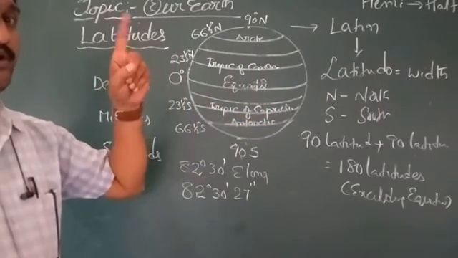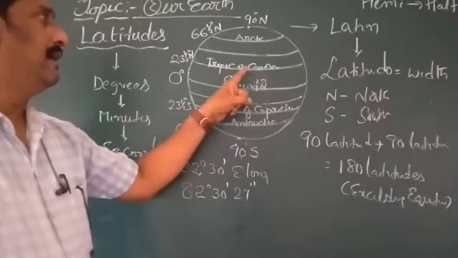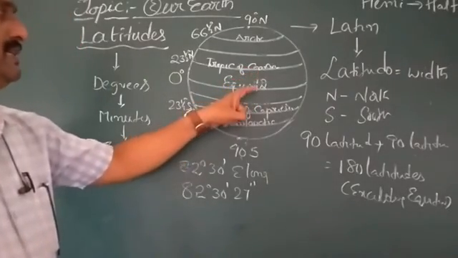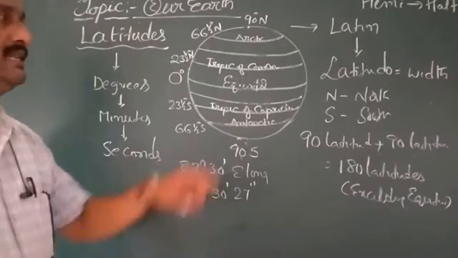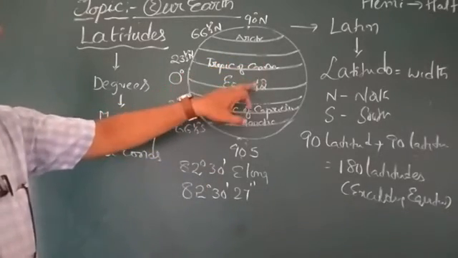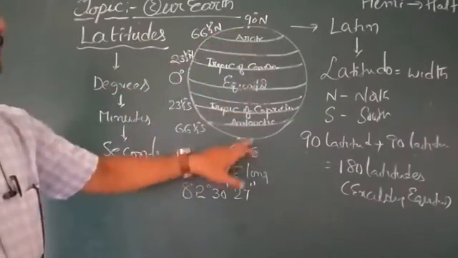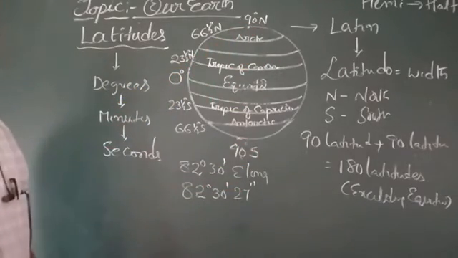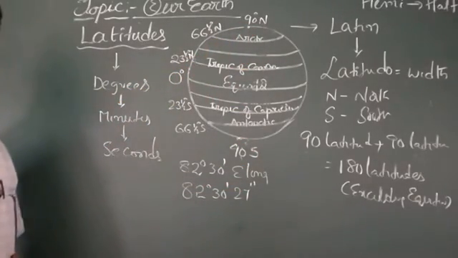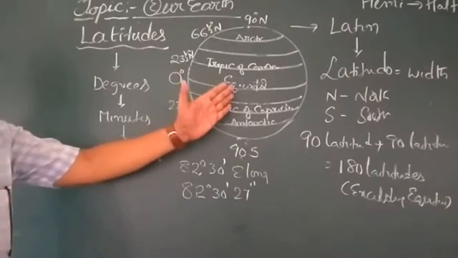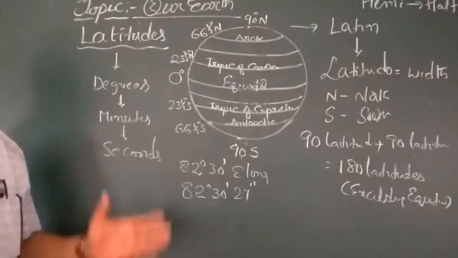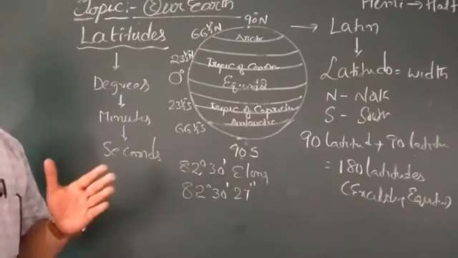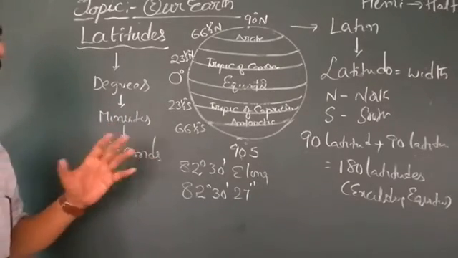Keep it in mind, not vertical lines. All these latitudes are parallel to each other, and all are circles. Moving towards the North Pole and South Pole, they indicate points. The equator is designated 0 degrees, and degrees are divided into minutes and seconds.